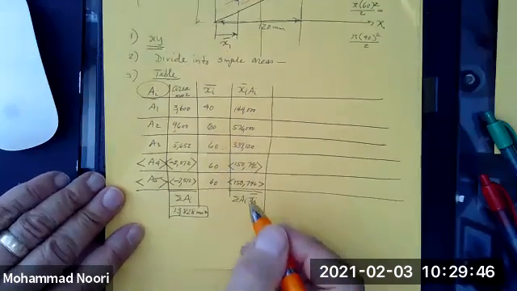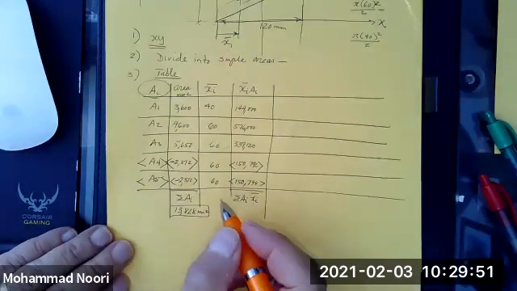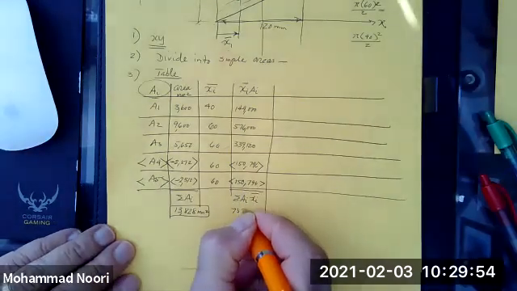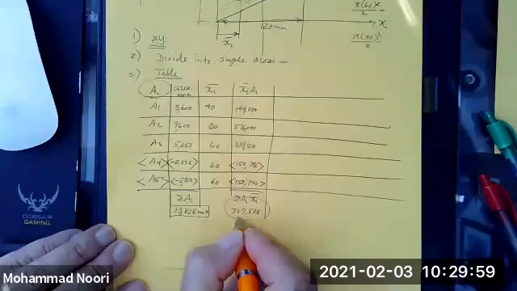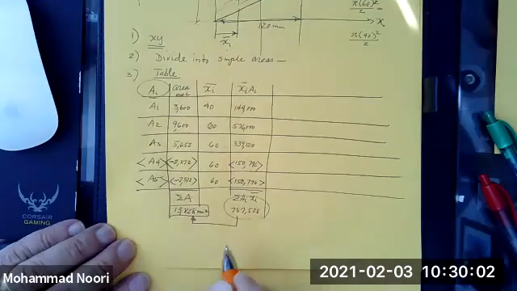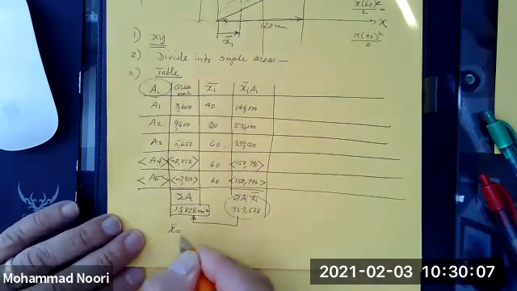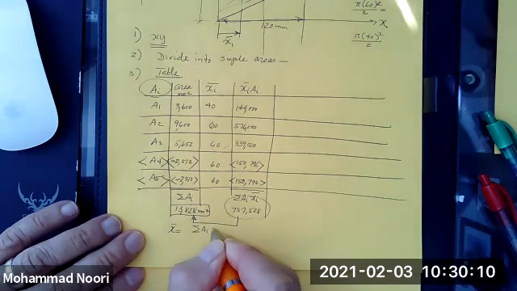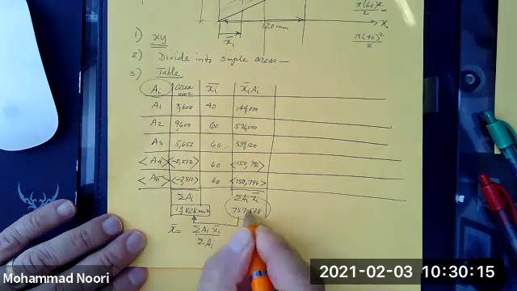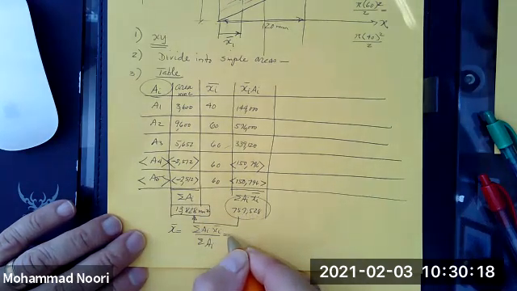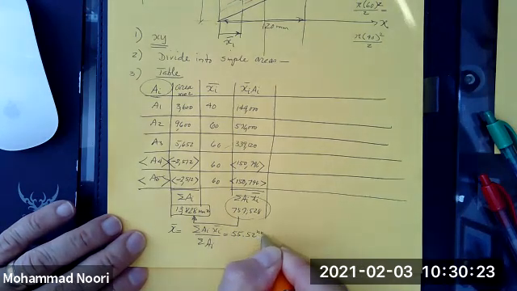So I add them up, and you see that I get 757,528. If I now divide this by that, what am I doing? I am writing this equation, sum of AiXi divided by sum of Ai. That's what I'm doing. So that will give you X bar, which comes out to be 55.52 millimeter.